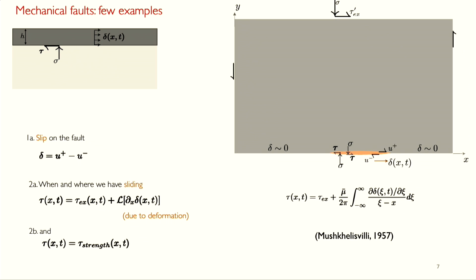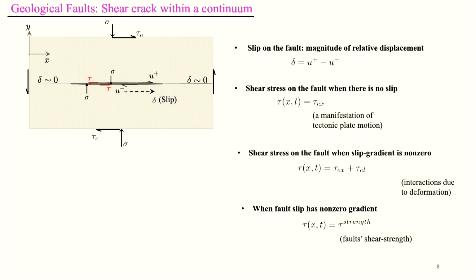Keeping this a little bit aside, although it's a very nice relation, we may prefer simpler relations. For example, for a thin slab or slender object, maybe a landslide or a glacier mass, the relation is remarkably simple, just a Laplacian of the slip. I forgot to write the relation here, but I think it will be coming soon.